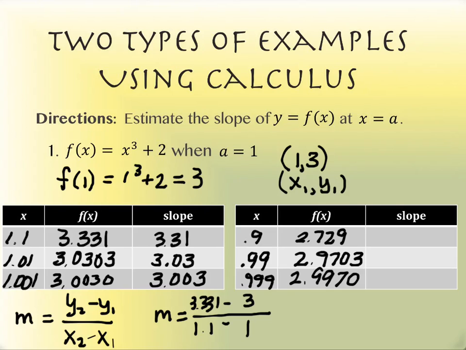All right, how about on the other half of this table? How about that 0.9 one, that very first one? What do you have? 2.71. What's your next slope? Good.